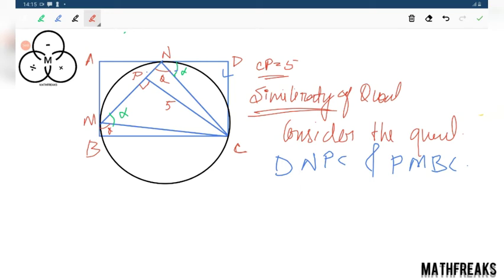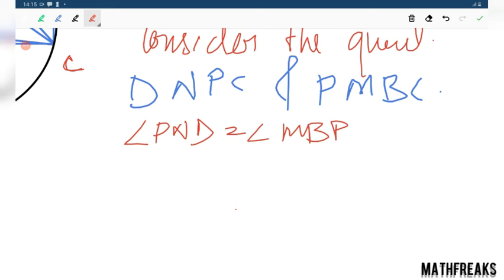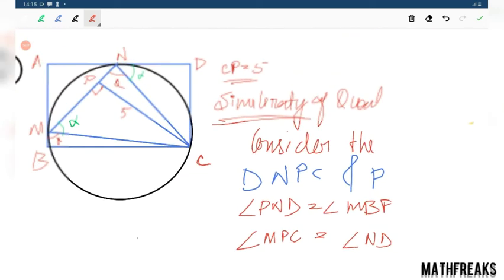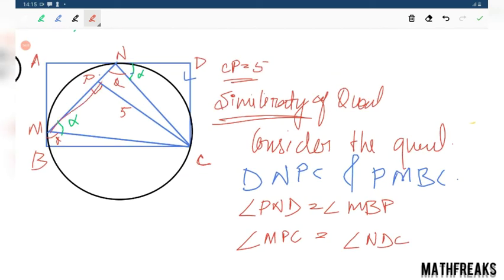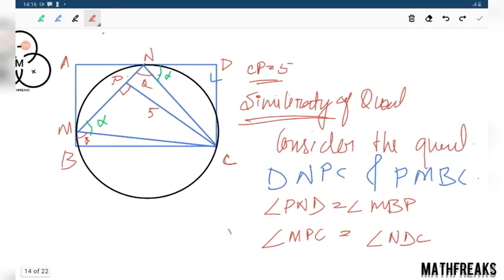Okay, we have first considered this. So let us write angle PND equals angle MBP. Angle MPC equals angle NDC. MPC is 90 degrees equals angle NDC. NDC is also 90 degrees.